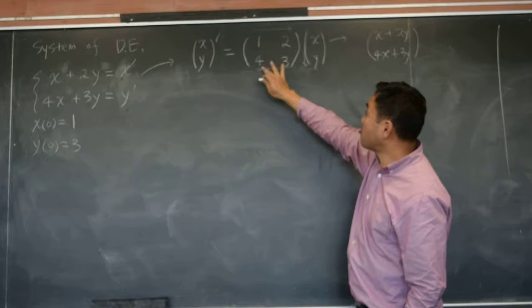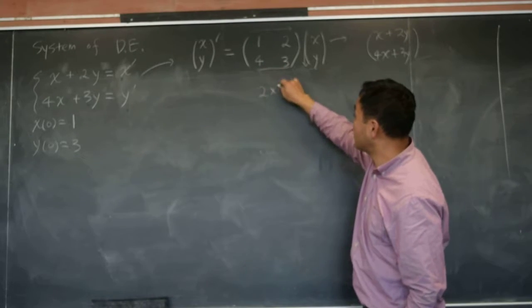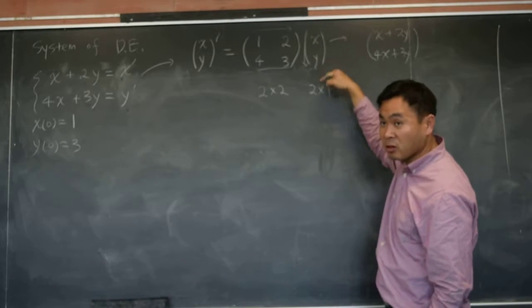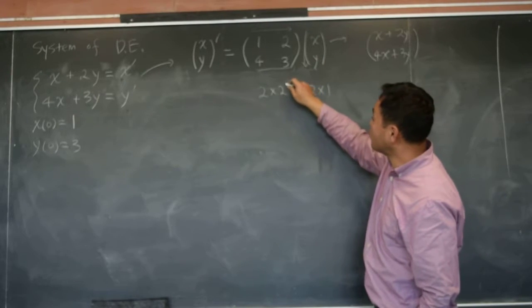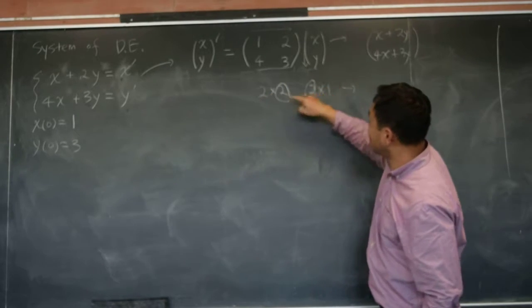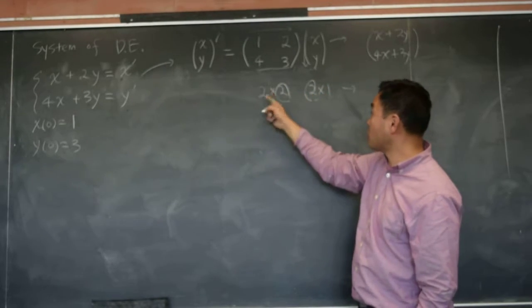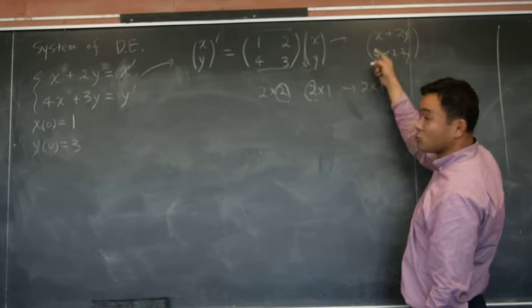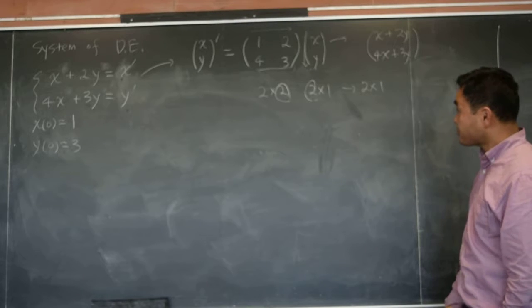By the way, if you multiply a 2 by 2 matrix with a 2 by 1 matrix, which is 2 rows and 1 column, then these two inner dimensions have to match. The end result is a 2 by 1 matrix, which is 2 rows and 1 column. Okay?